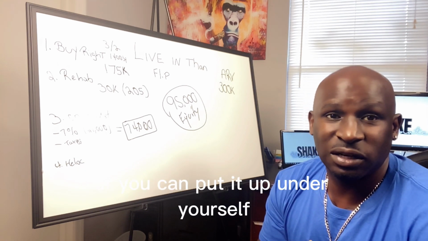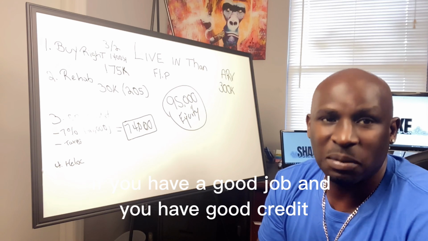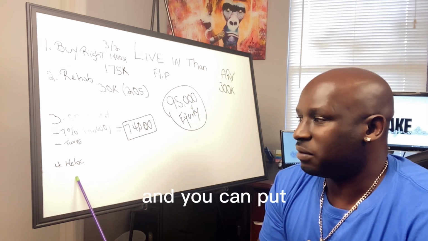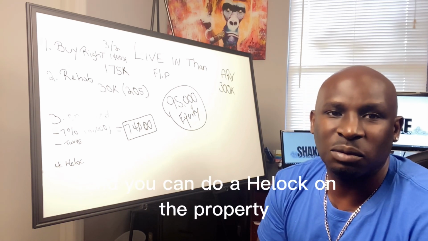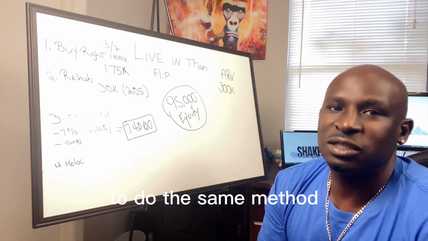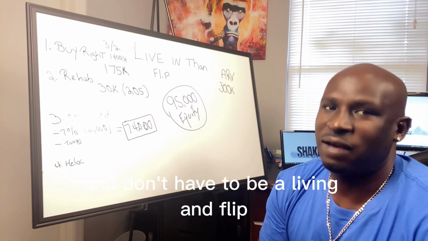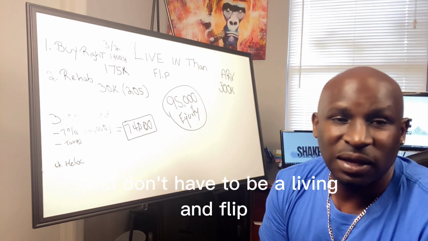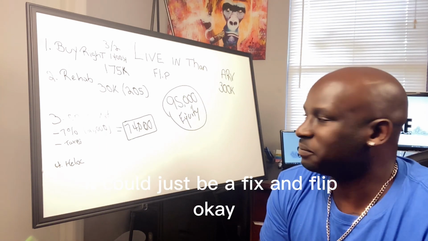Or you can put it under yourself if you have a good job and you have good credit, and you can do a HELOC on the property and pull that cash out and go find another property to do the same method. It doesn't have to be a live-in and flip. It could just be a fix and flip, okay?